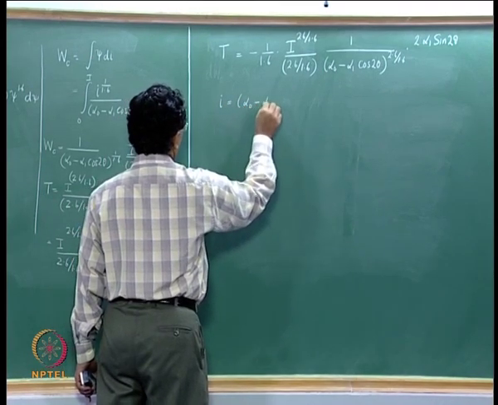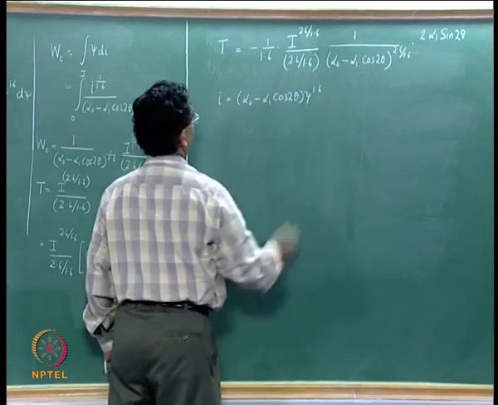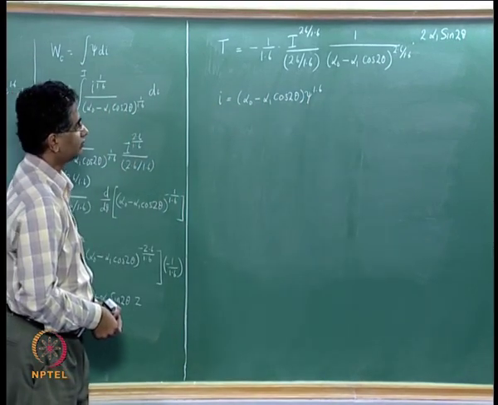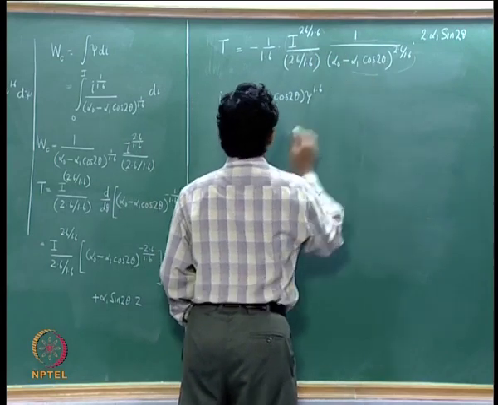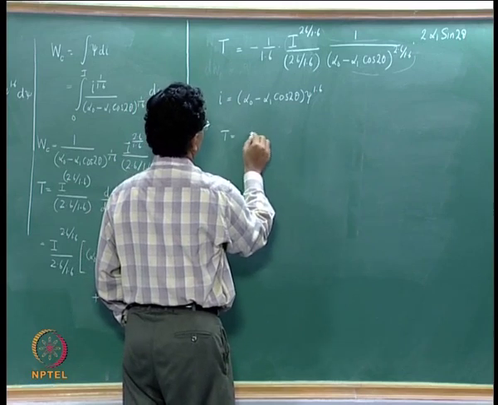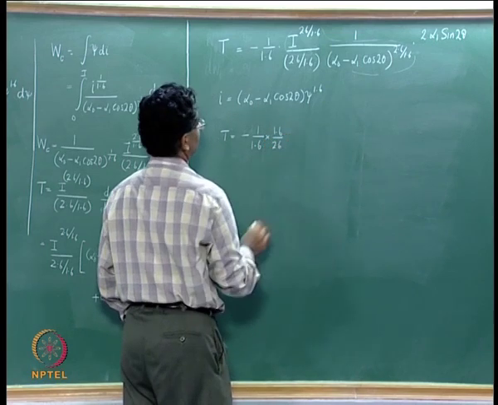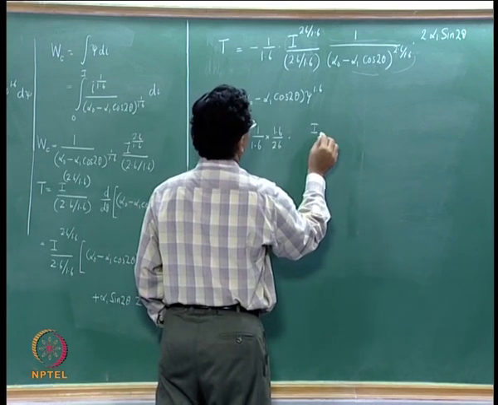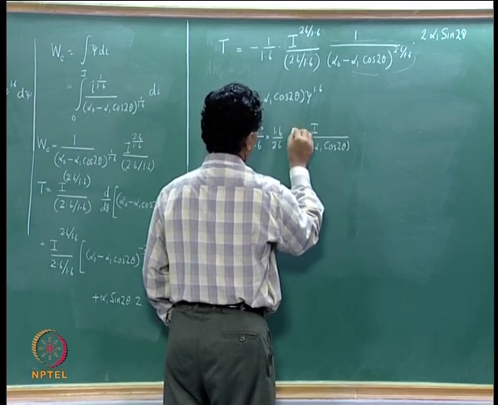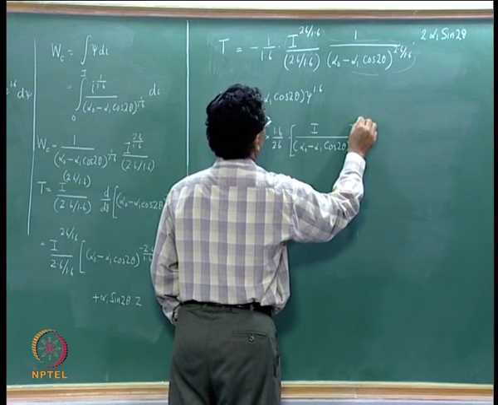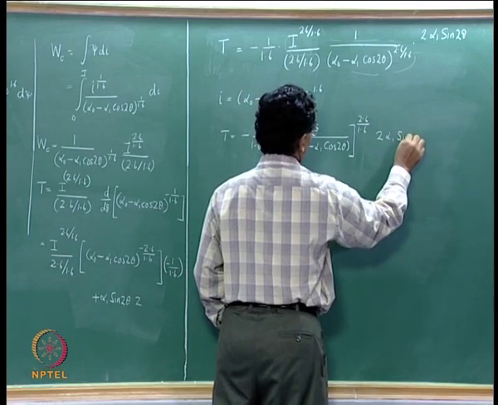I is given as alpha naught minus alpha 1 cos 2 theta into psi to the power of 1.6, and therefore the torque can be written as minus 1 by 1.6 multiplied by 1.6 by 2.6 multiplied by I divided by alpha naught minus alpha 1 cos 2 theta, this whole thing raised to the power of 2.6 by 1.6 multiplied by 2 alpha 1 sine 2 theta.